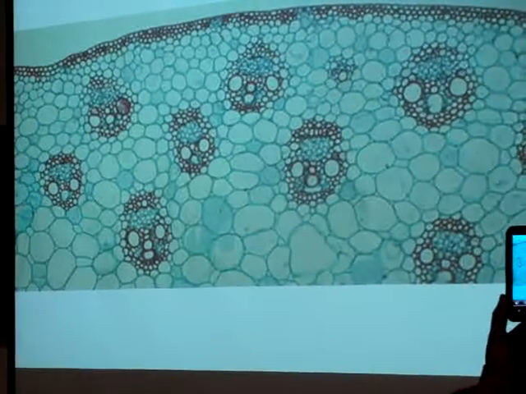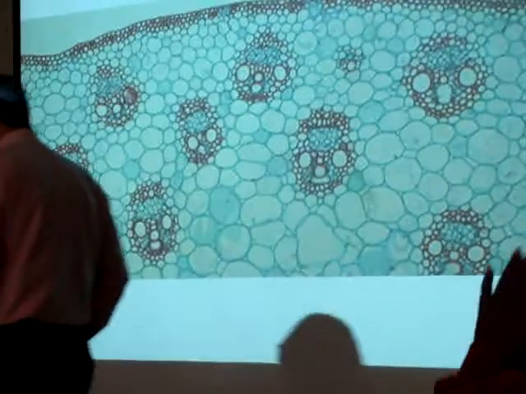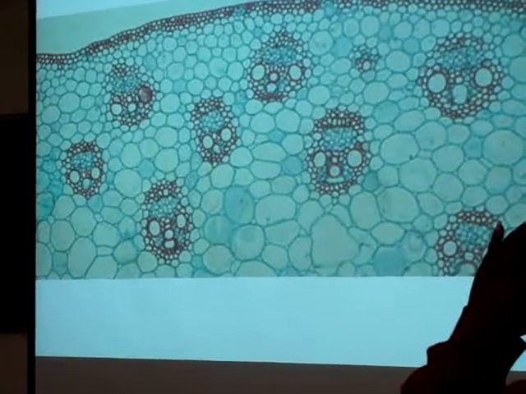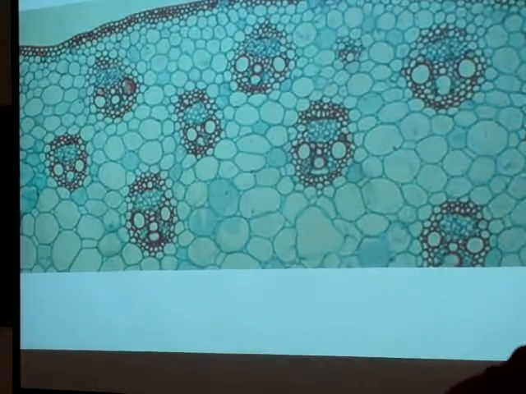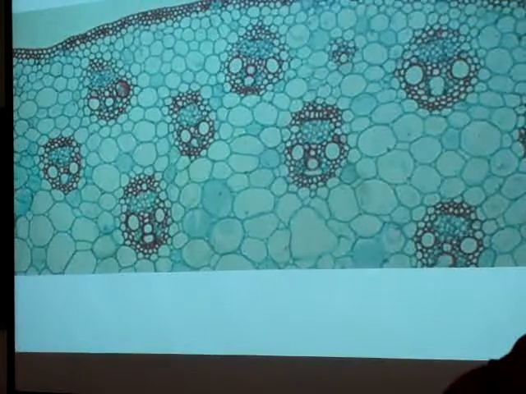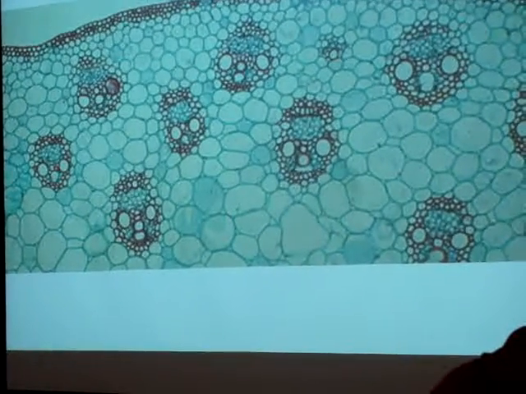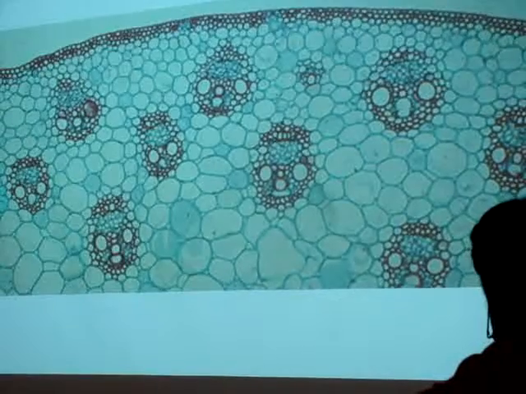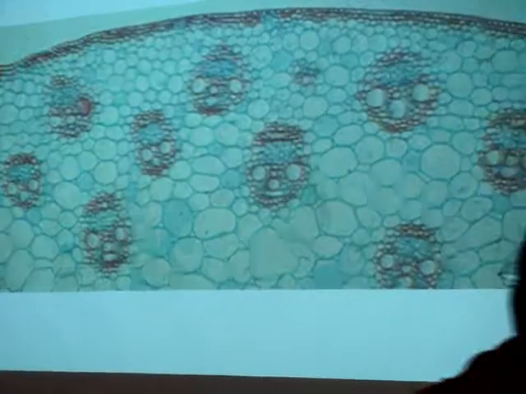So, tell me, which of the following? Is this a herbaceous dicot? A herbaceous monocot? A woody gymnosperm? Or a woody dicot? Okay, now, here's the thing. You want to pick this up because it's important, talking about primary versus secondary. You're going to see a lot of these.